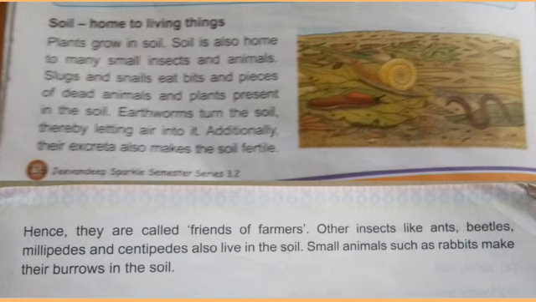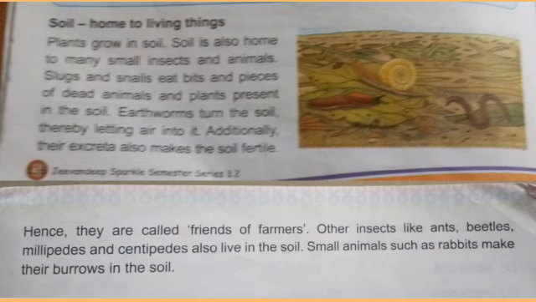Earthworms turn the soil, thereby letting air into it. Additionally, their excreta also makes the soil fertile. Hence, they are called friends of farmers. Other insects like ants, beetles, millipedes and centipedes also live in the soil. Small animals such as rabbits make their burrows in the soil.